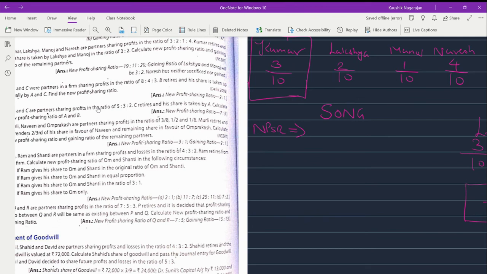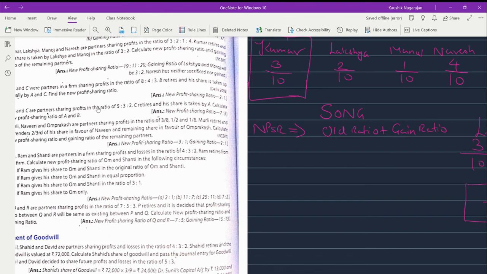So here do you have the old ratio? Do you have the gaining ratio? Yes. So using that formula, you can derive your value of NPSR. So the new ratio NPSR is equal to your old ratio plus the gain, the gaining ratio.